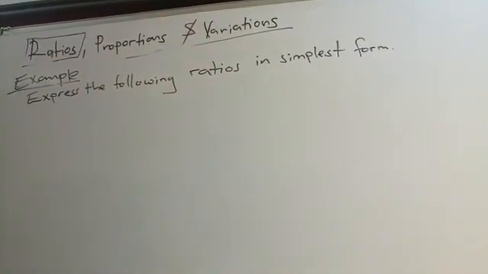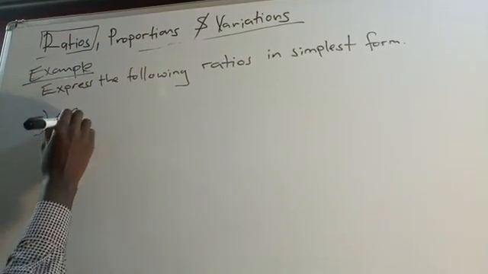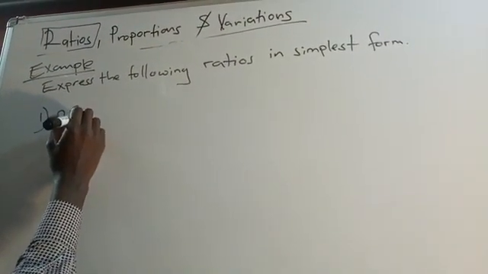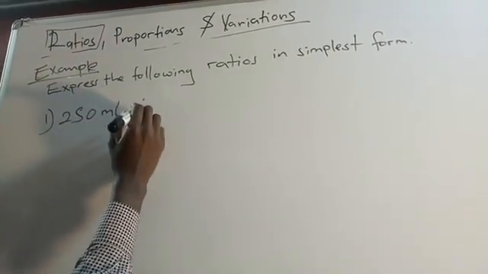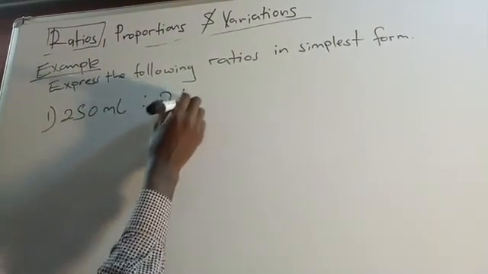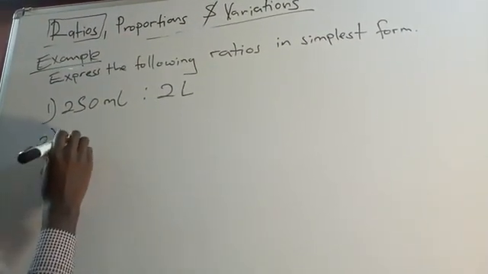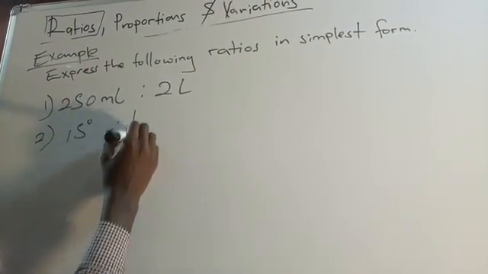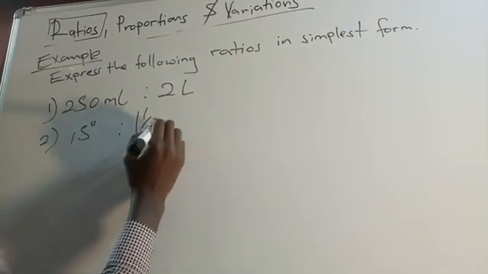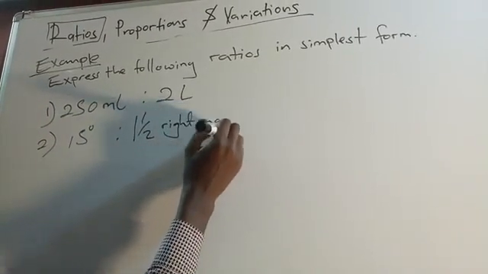Ratio number 1 is 250 milliliters to 2 liters, and ratio number 2 is 15 degrees to 1.5 right angles.